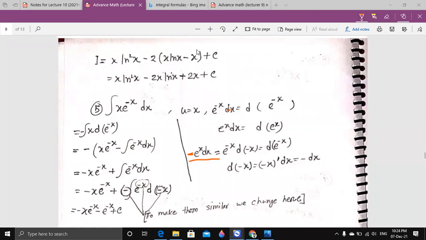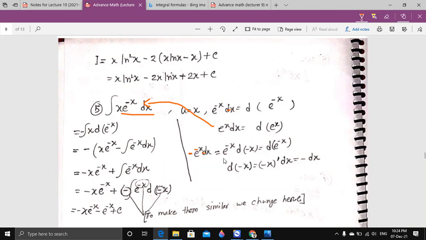So see here we have e to the power minus x dx. If there is a function e to the power x dx, and we have to convert it to something like e to the power minus x dx, I just multiply a minus here. If I multiply a minus, then this minus will also multiply here and here.